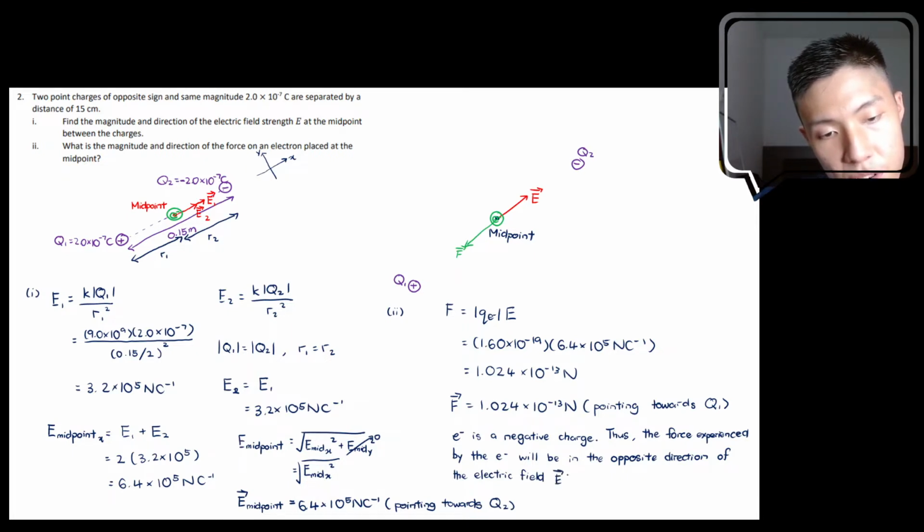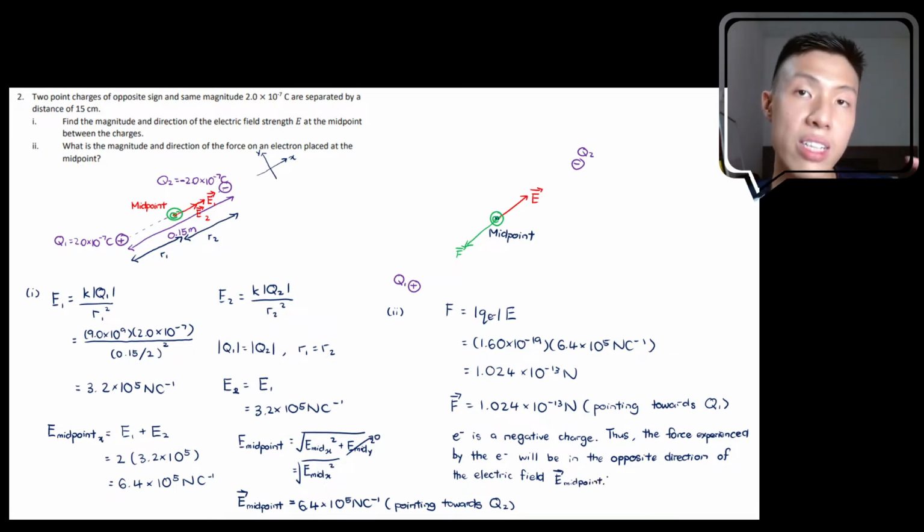You can write like that straight away. Because E midpoint is pointing directly towards Q2, that's why the force is pointing directly towards Q1.